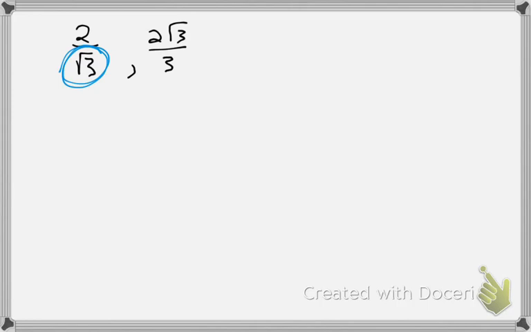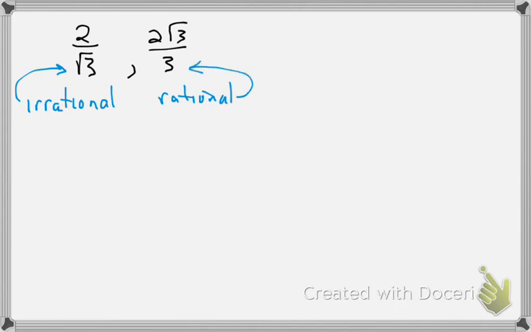Square root of 3. Is that rational or irrational? That's irrational. But what about the denominator on the other side? That's just 3. That is rational. Do you think these are the same number or different numbers? Let's see.